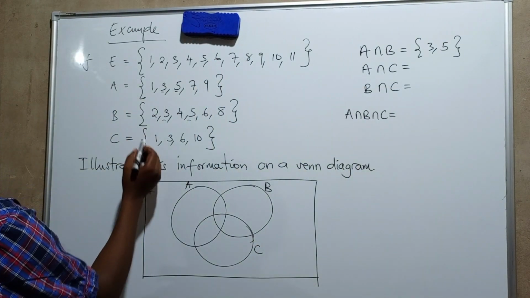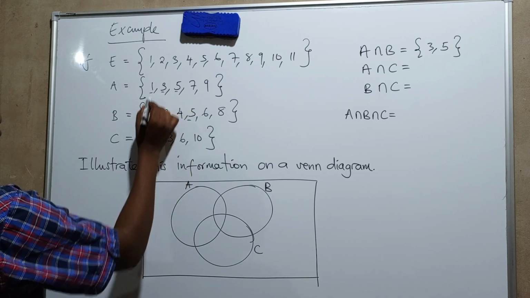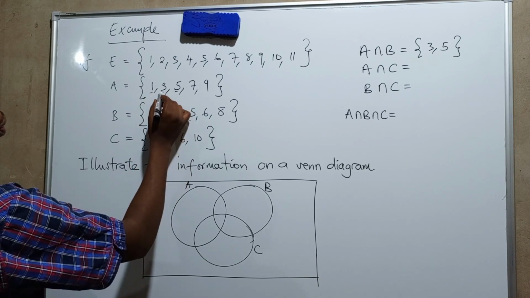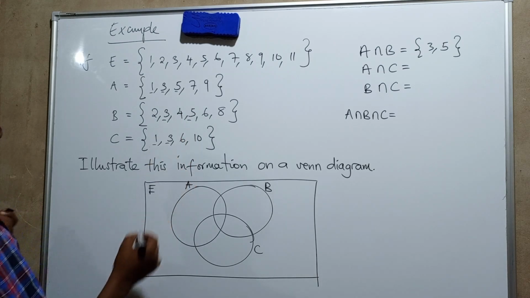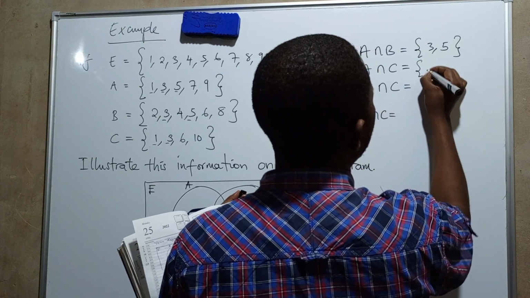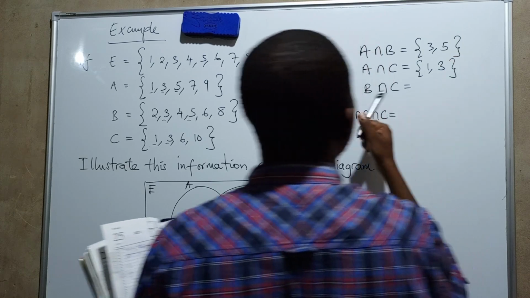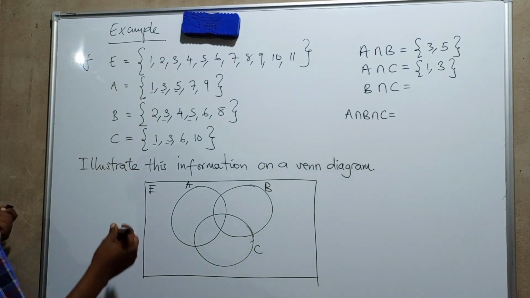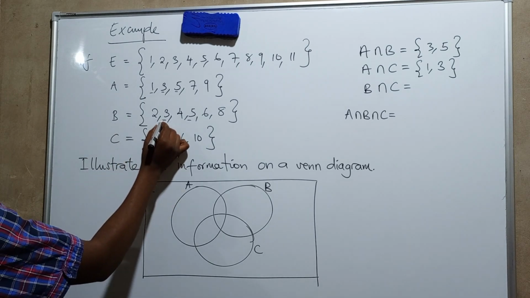What is common in A and C? In A we have 1, 3. What else? 1 and 3. I can see 1 and 3. Then in B and C, what is common? 3.